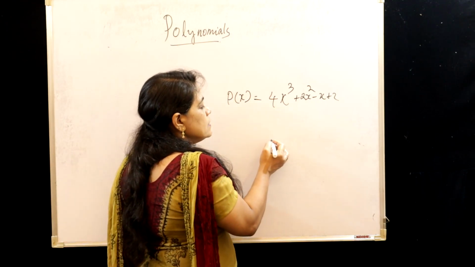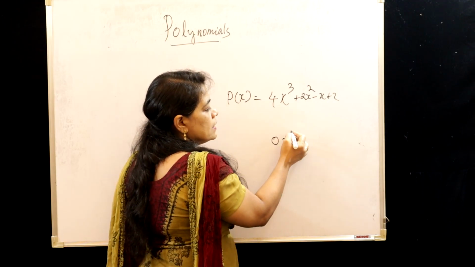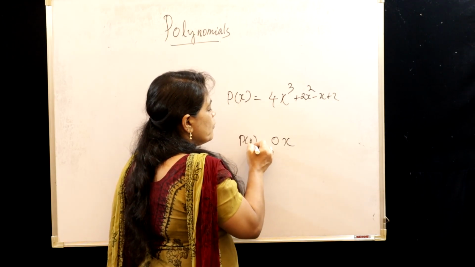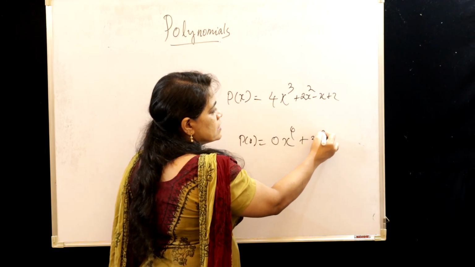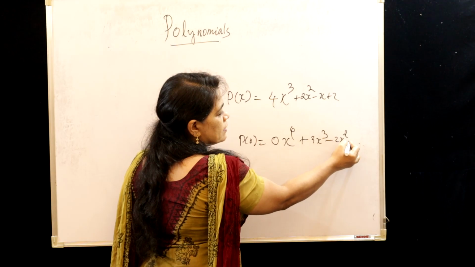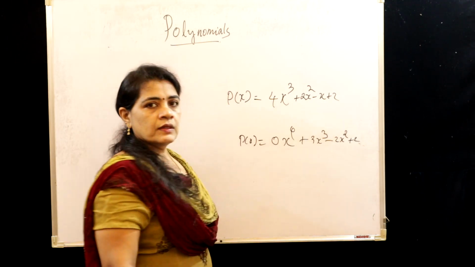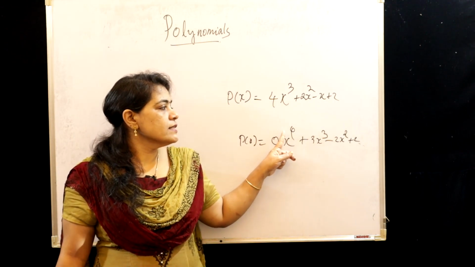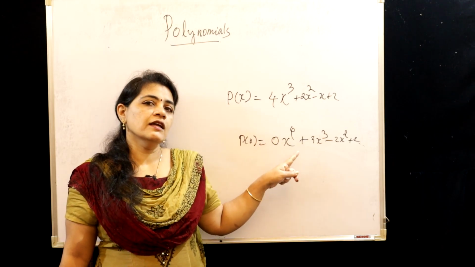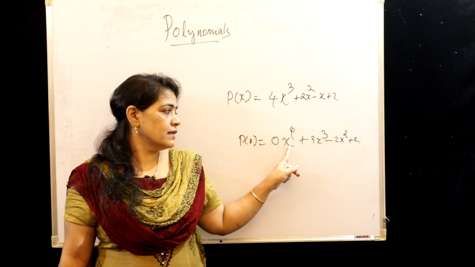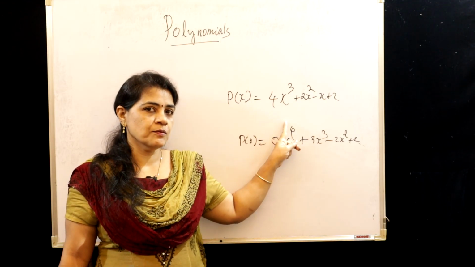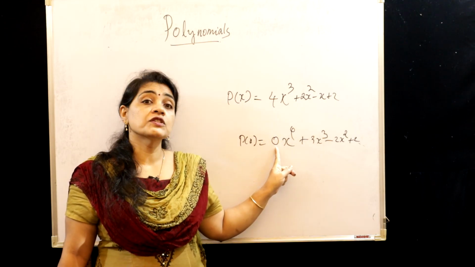Sometimes you may get a polynomial of the form 0x raised to 4 plus 3x cube minus 2x square plus 2. Here you can see that the highest power of the variable is 4, but in that term its coefficient is 0.